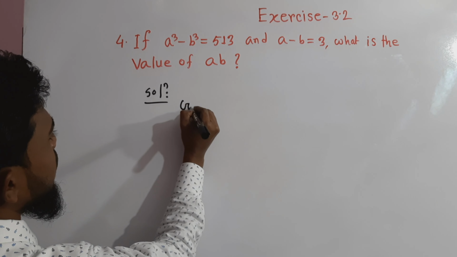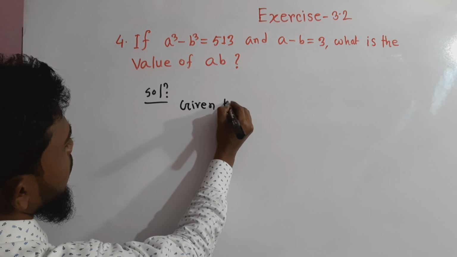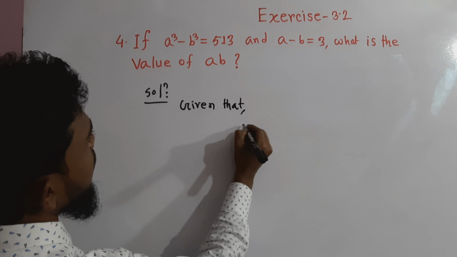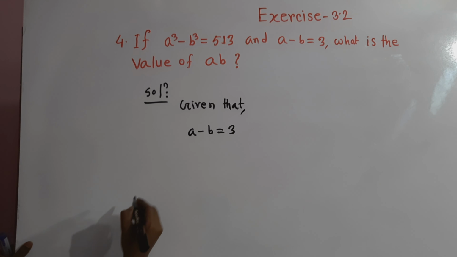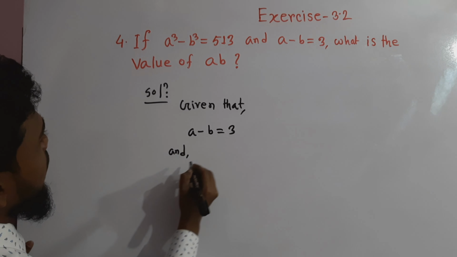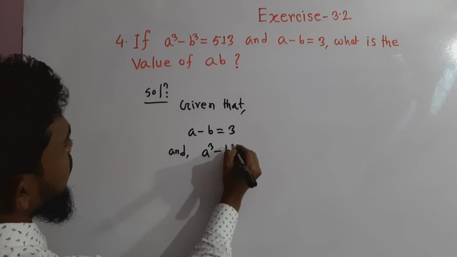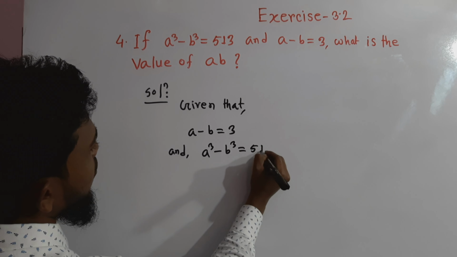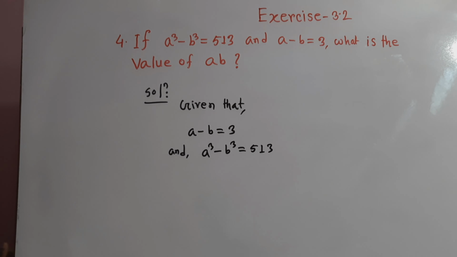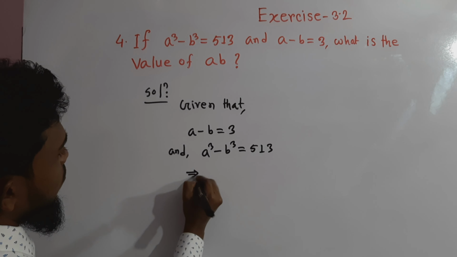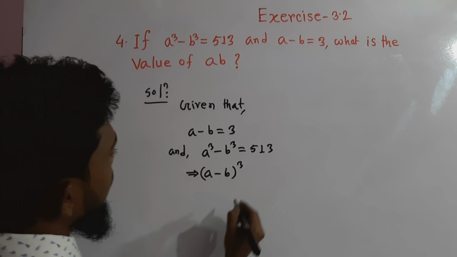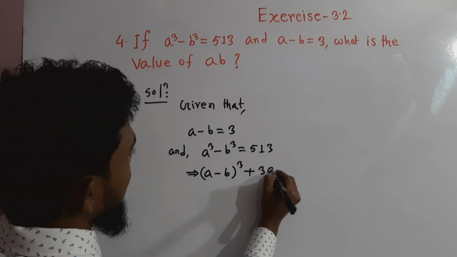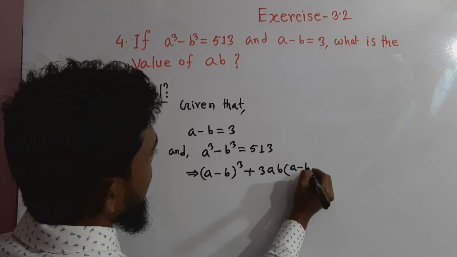Given that a minus b is equal to 3 and a cube minus b cube equals 513. Look, a cube minus b cube: here the formula is (a minus b) whole cube plus 3ab into (a minus b).